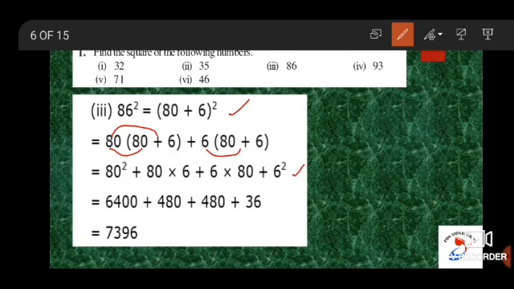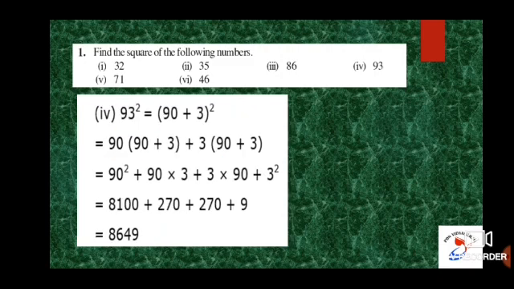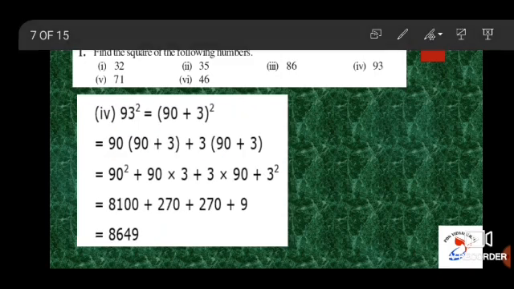On solving this, in the next step, you will get the result as 6400 plus 480 plus 480 plus 36. On adding all these, you will get 7396. Therefore, the value for 86 square is equal to 7396.